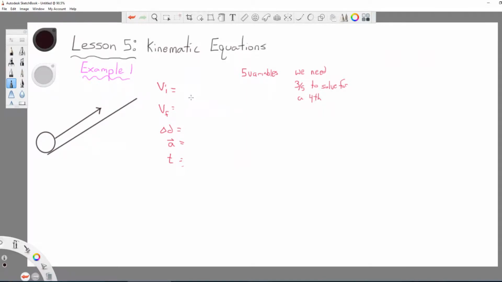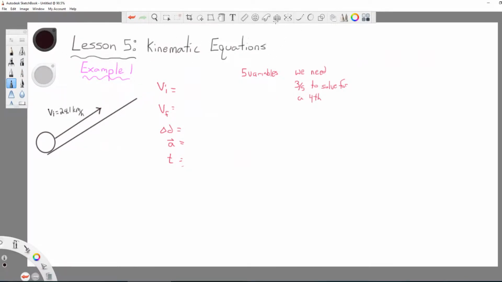It's going up the incline at a rate of 24.1 kilometers per hour. So let's write that in here right now. V, now this is its initial velocity. It's going to be slowing down as it rolls up this hill. So our initial velocity is going to be equal to 24.1 kilometers per hour.